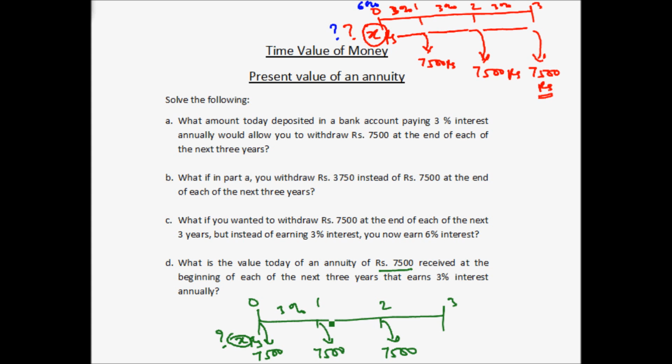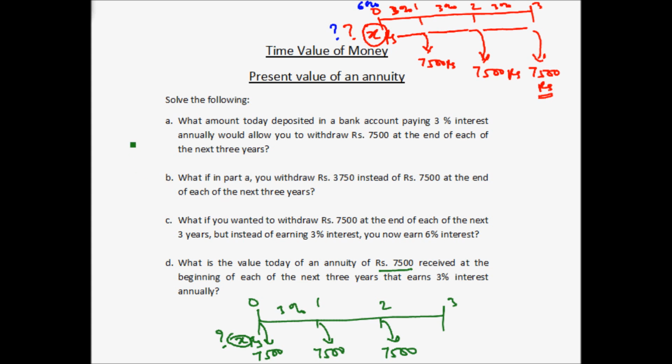The remaining amount will continue to gain 3% interest for the next year. At the end of the second year, or at the beginning of the third year, you again withdraw 7500 rupees. So what should this X amount be so that you can withdraw 7500 rupees at the beginning of each of the next 3 years when the bank is giving us 3% interest per annum?